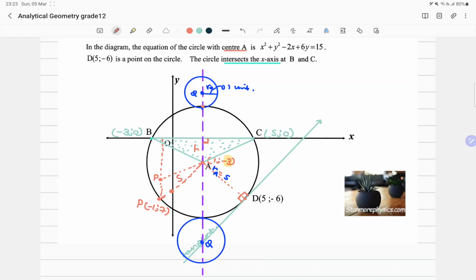And if point P is outside, say it's here, the distance AP should be greater than 5. So you have to consider these possibilities for the position of point P and understand which one of these is the case.